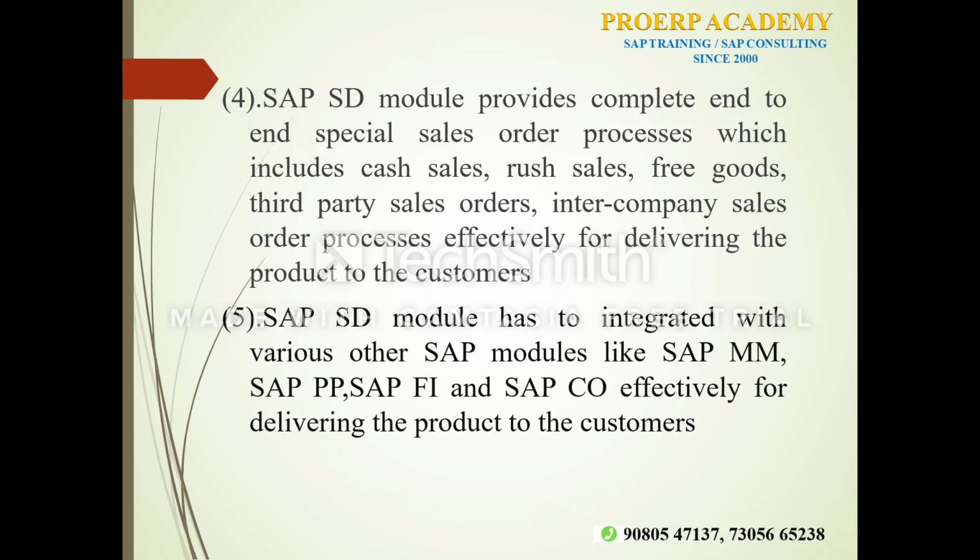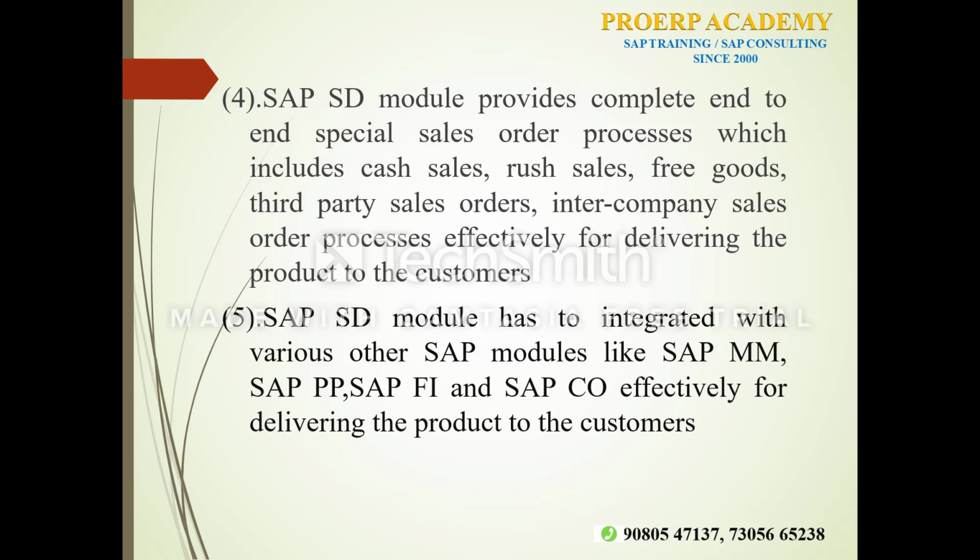So we have discussed sales order processing, and here we are going to discuss special sales order processing. What is the difference between sales order processing and special sales order processing? If you take the normal sales order processing, it starts with inquiry, quotation, standard sales order, followed by delivery and billing.